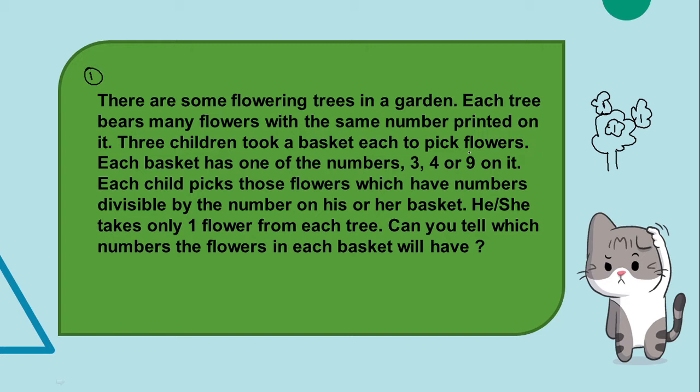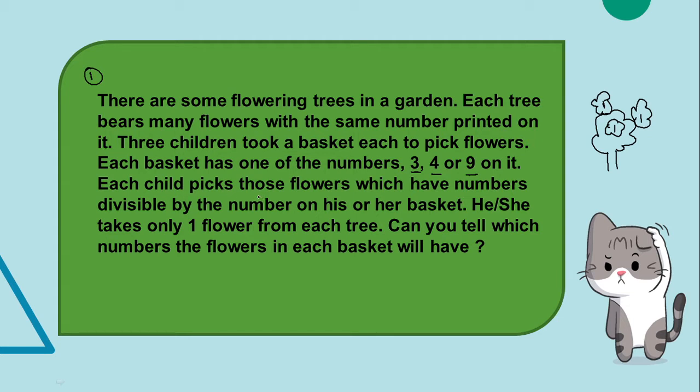Each basket has one of the numbers, that is 3, 4 or 9. The children who entered the garden each had a basket, and on each basket a number was written. On one child's basket it was written 3, on one 4, and on one it was written 9.